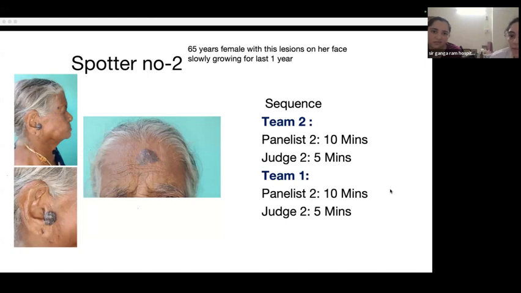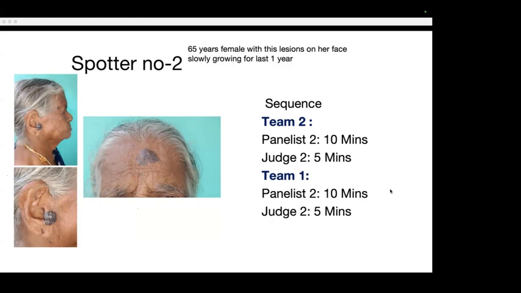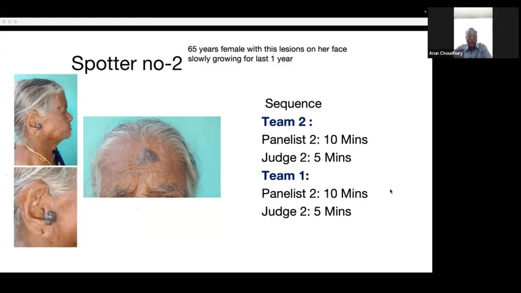Superficial spreading type, nodular type. What are the normal clinical types of basal cell carcinoma? Yes, you are telling rightly. Just go ahead. Quick, we have a time limit.